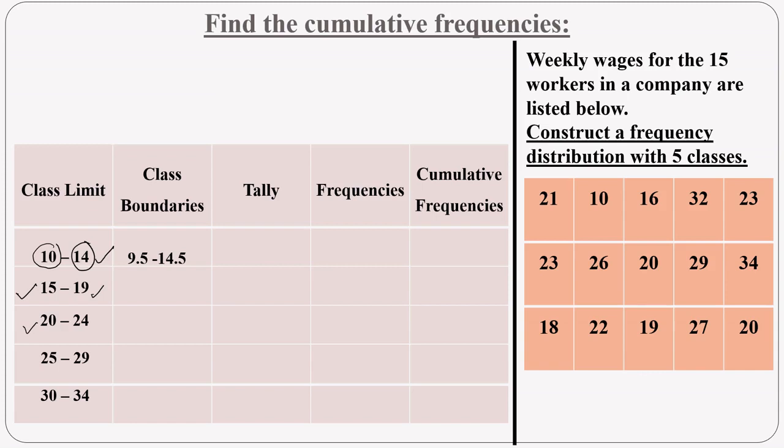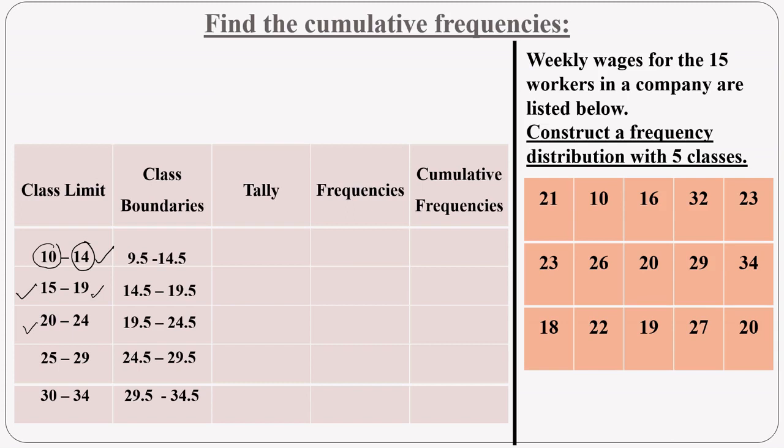Same way, if you do for the second one, 14.5, 19.5. Then 19.5, 24.5. 24.5, 29.5. 29.5, 34.5. So I hope identifying class boundary is also clear to understand.